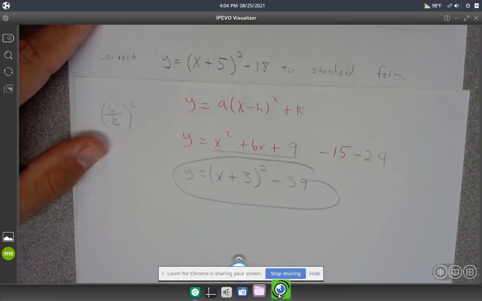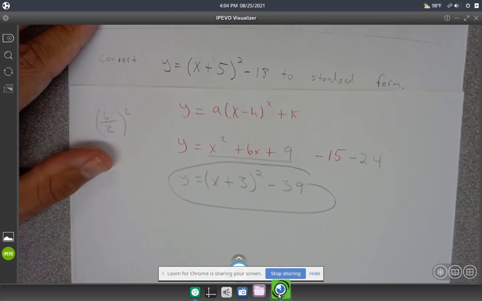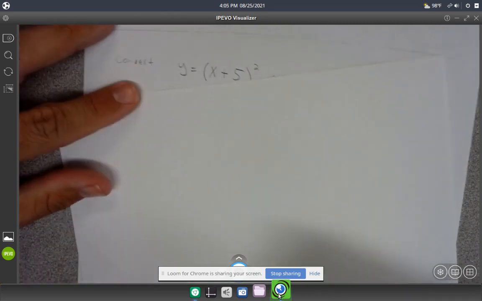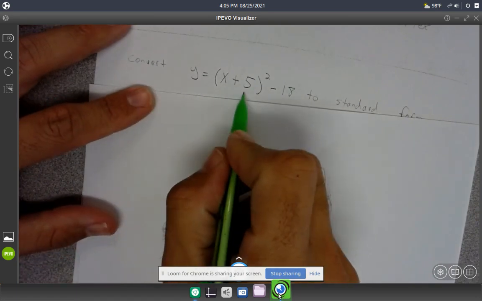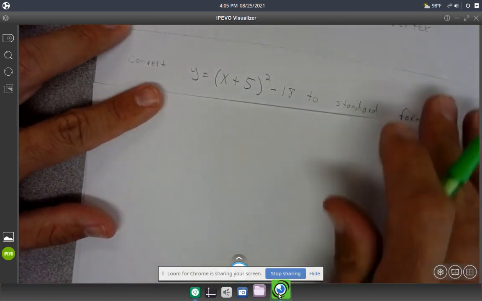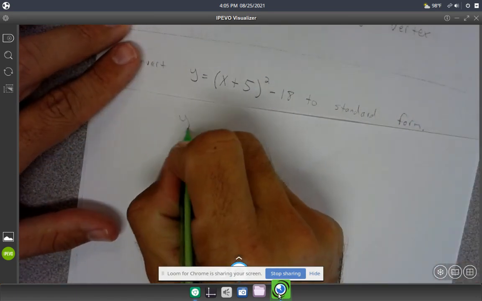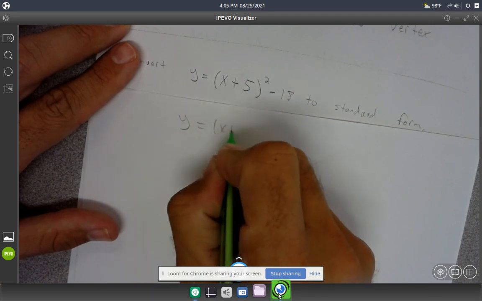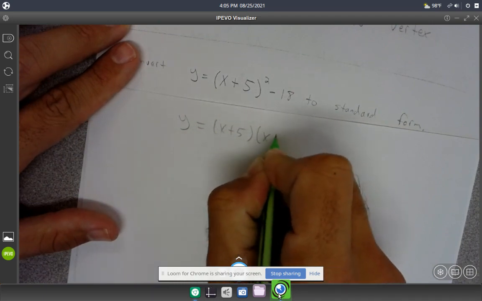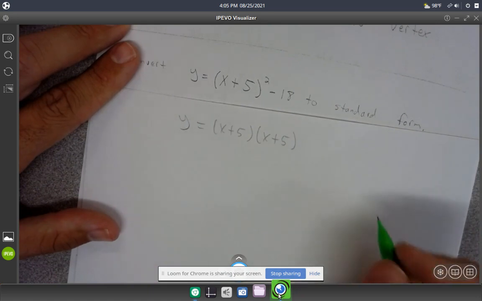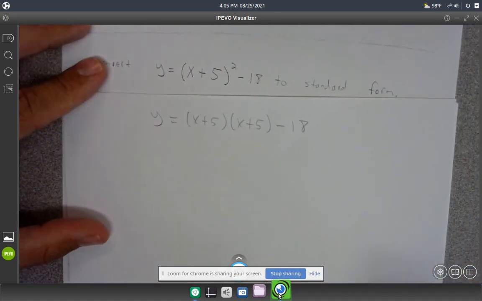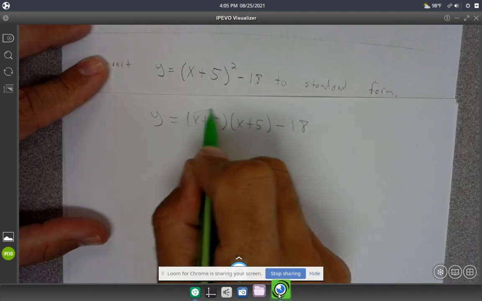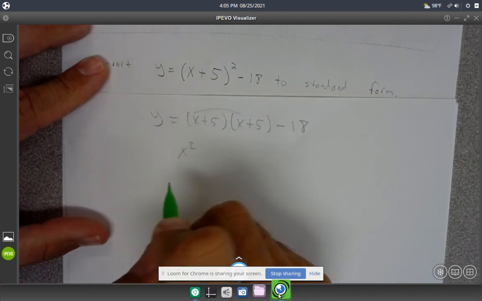To convert to standard form, that's kind of easy, actually. We're just going to take this x plus 5, all that business, and multiply it out. So we write it as x plus 5 times itself, but then we have to subtract 18 at the end. Double distributive property: that'll be x squared.